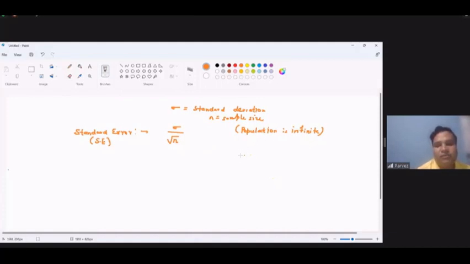The second formula we use when the population is finite. Finite population means when we can count the population.